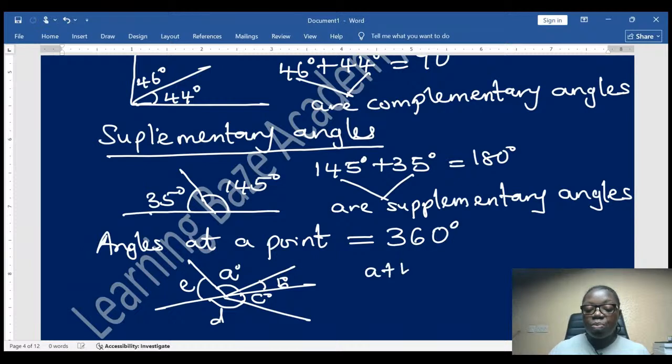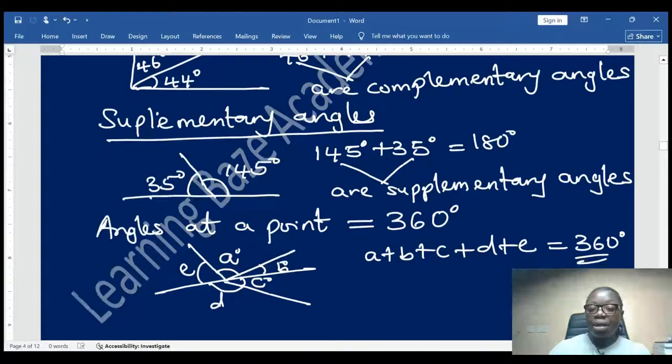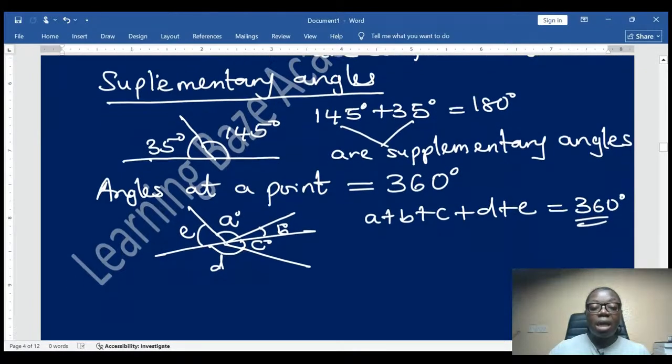So A plus B plus C plus D plus E added together will give us 360 degrees.